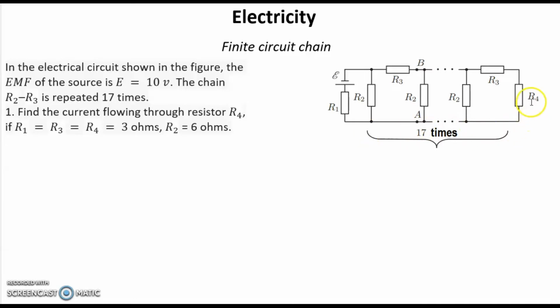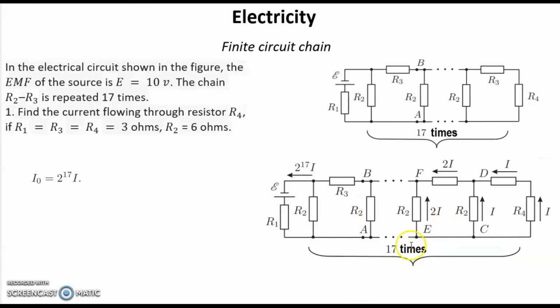Each time we can replace the next section with R4, and the current increases twice. So we can write that the total current through our EMF equals 2 to the power 17 times the unknown current I. Let's draw the picture for this process.